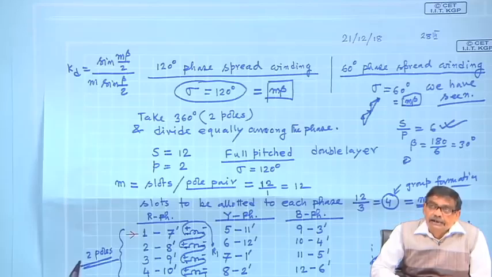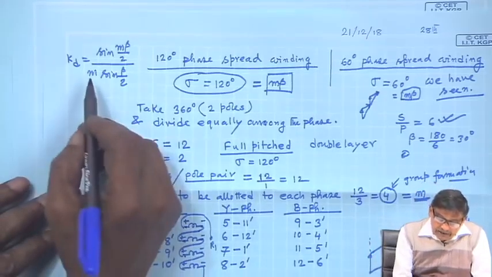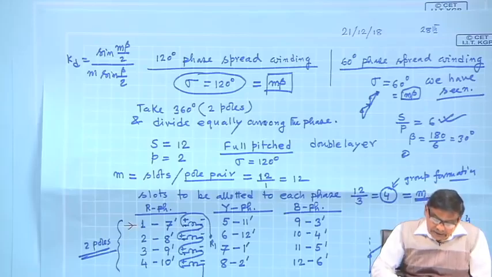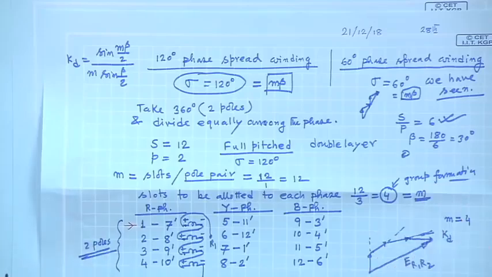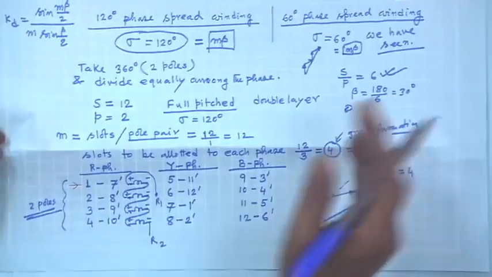That number will change if it is a 120 degree phase spread winding. You should be very careful while solving problems. In 120 degree phase spread winding, m is not equal to number of slots per pole per phase. It is rather number of slots per phase per pole pair. That is the difference.